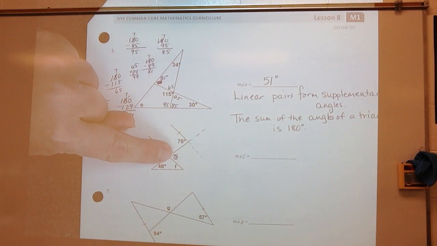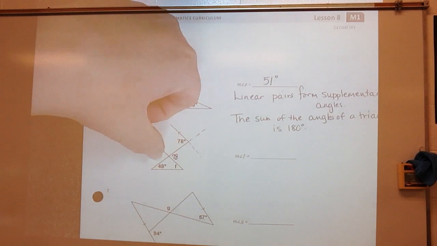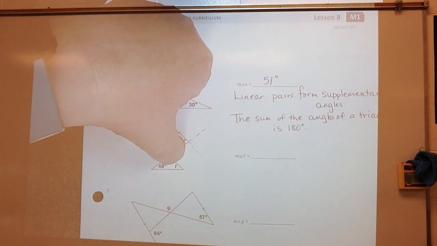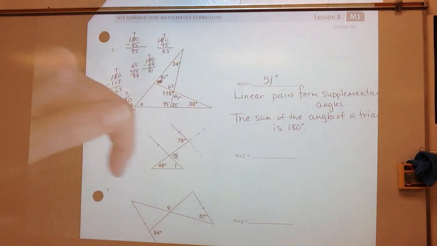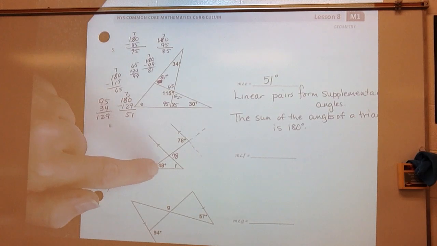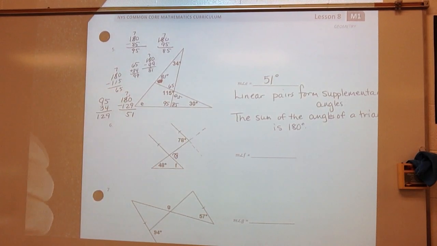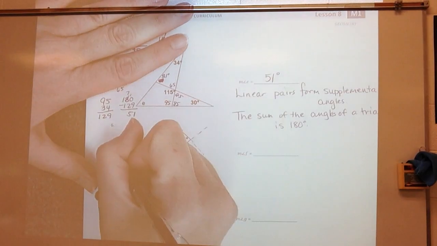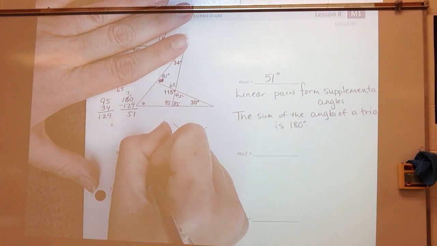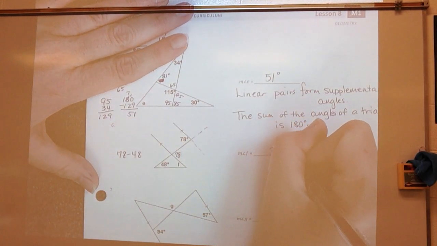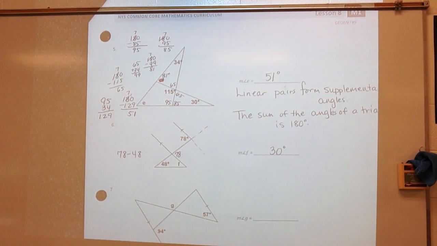So now, if I know that this angle is 78 degrees, then what do I know about these two angles? Well, the sum of these two angles have to give me 78 degrees. Okay? So, 78 minus 48 is equal to 30 degrees. So the measure of angle F is 30 degrees. Okay?